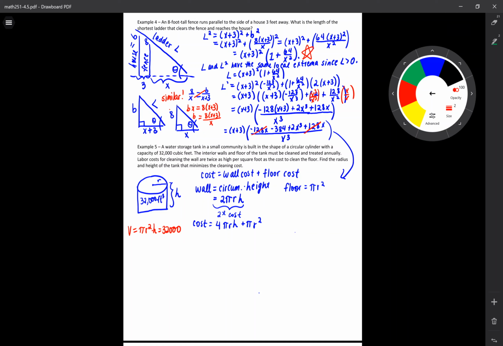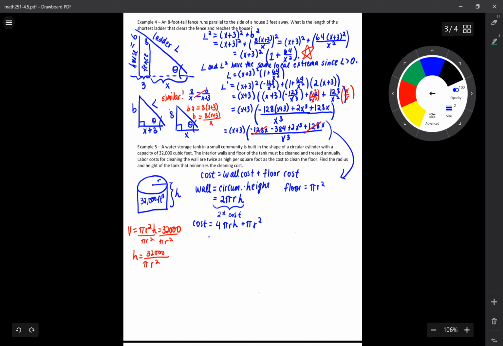So I want to solve for h in terms of r, and I can simply divide by pi r squared, and I get h is equal to 32,000 divided by pi r squared.